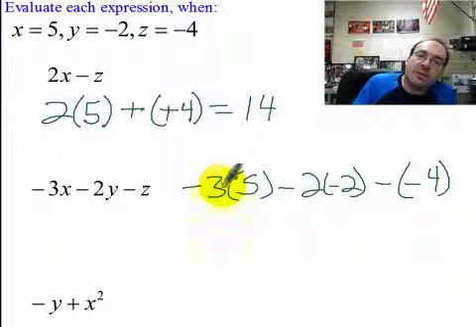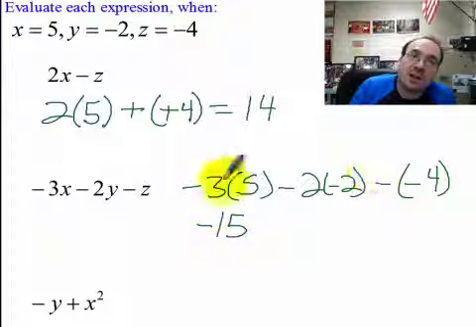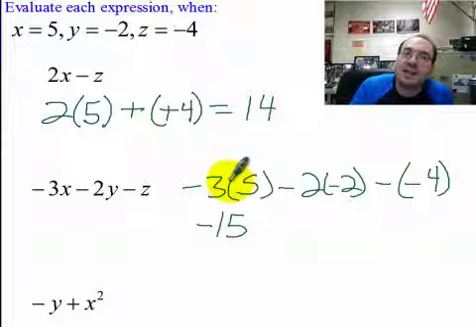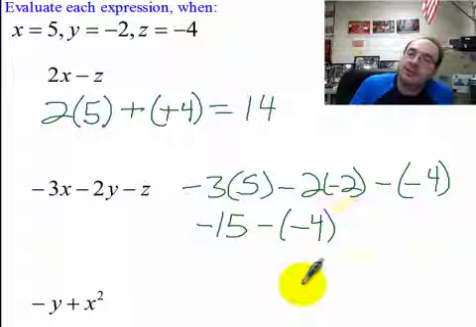Okay, and then 3 times 5 is 15, and there was a negative out in front. Now we're actually going to talk about multiplying and dividing negatives today, but I'm just going to tell you for now that 2 times negative 2 gives you negative 4. Alright? So the 2 times the negative 2 gives me negative 4.